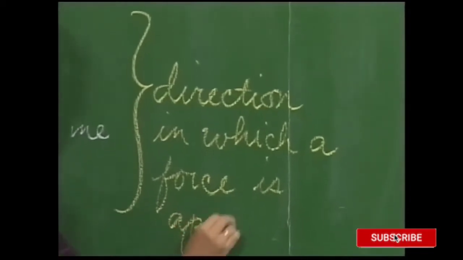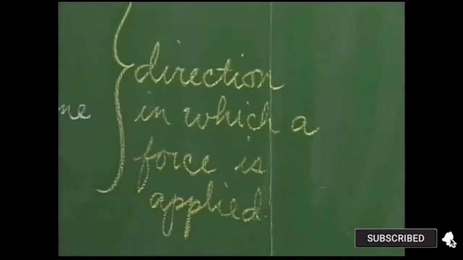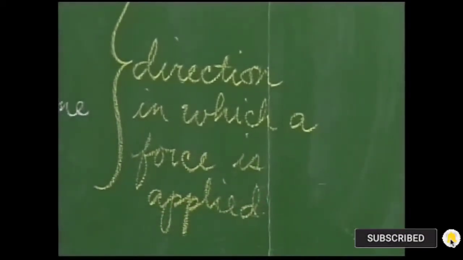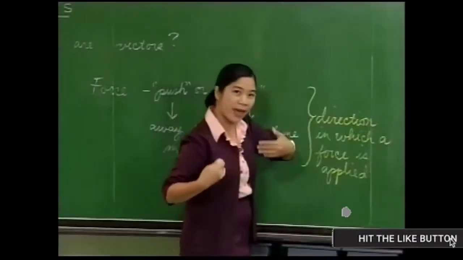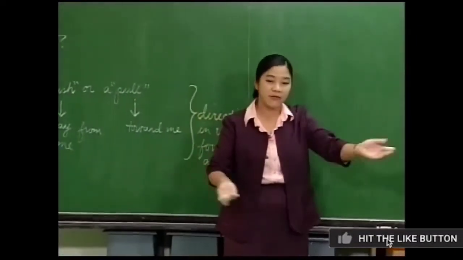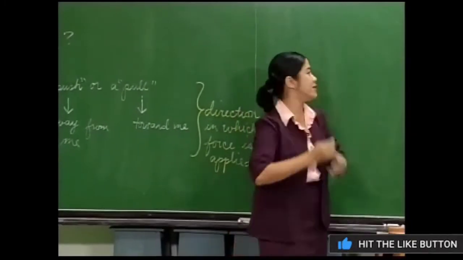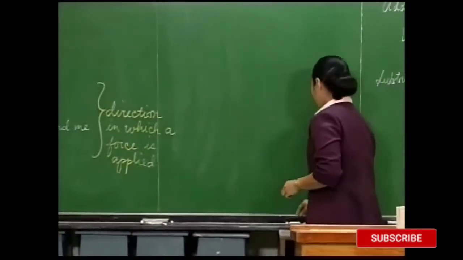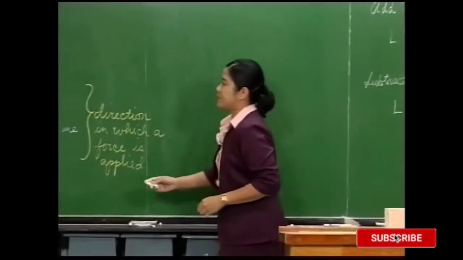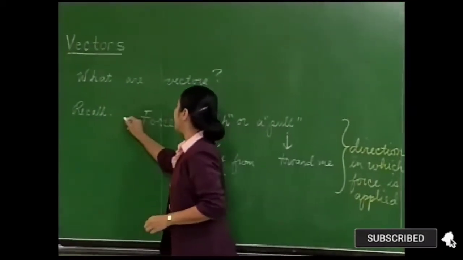So it could be toward, it could be away, it could be to the right, it could be to the left. You could pull it upward, and so on. Another example. So let's call this example 1.